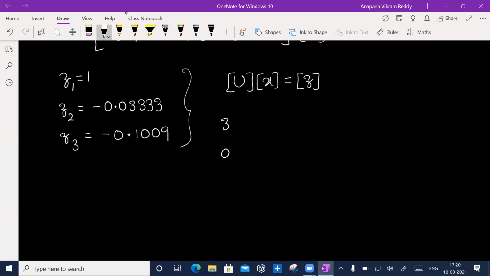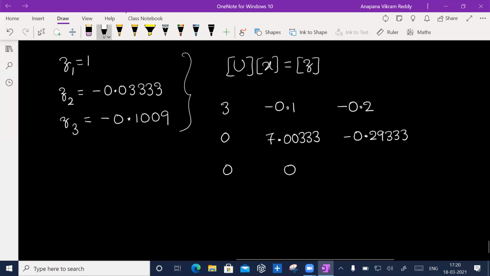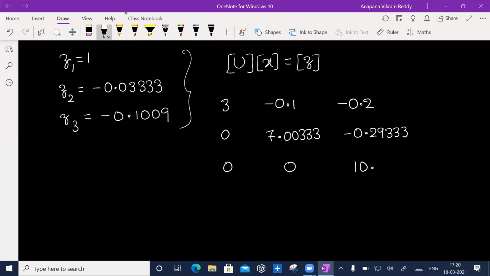This is U: 3.00, 7.00, 0, minus 0.2, minus 0.29333, 10.0120.